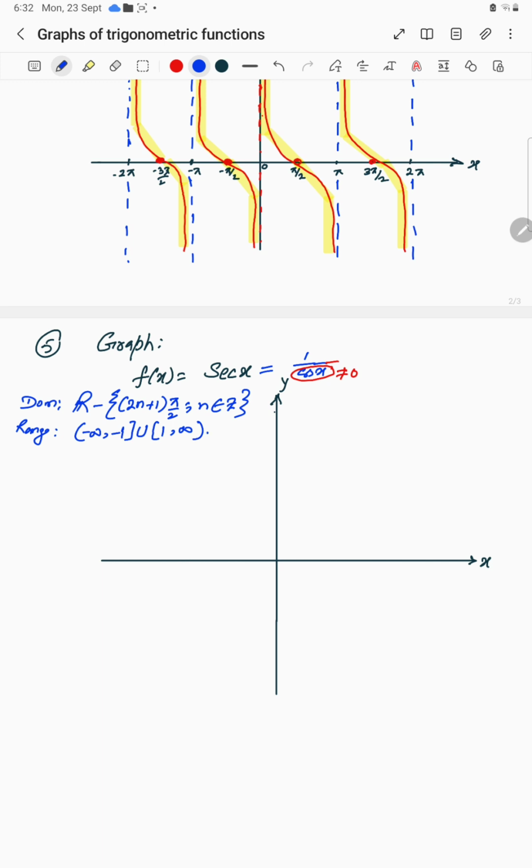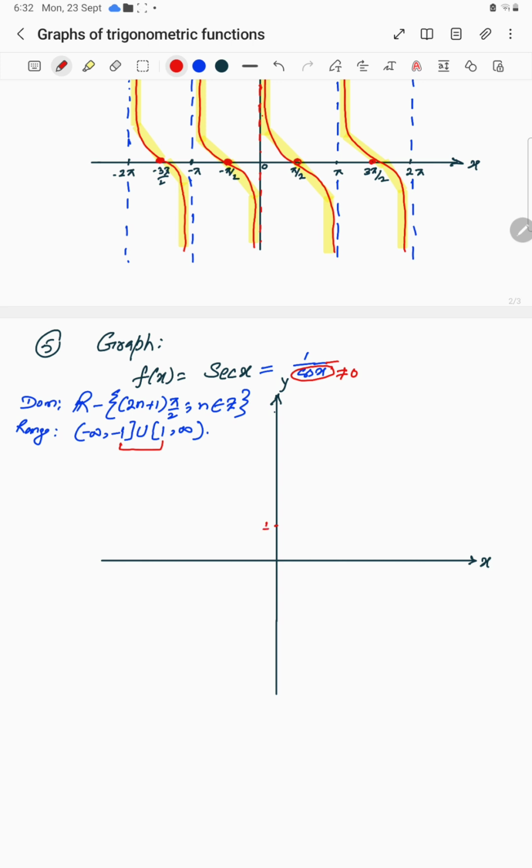And why is that? Because minus 1 and 1 will not be part of your graph, and your graph will be above or below these values.